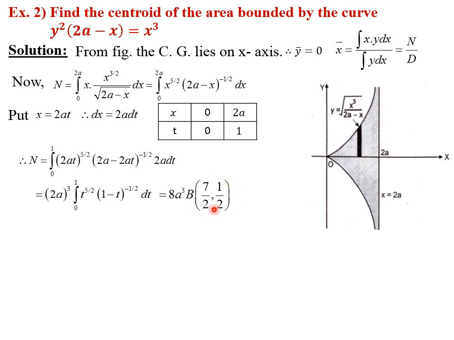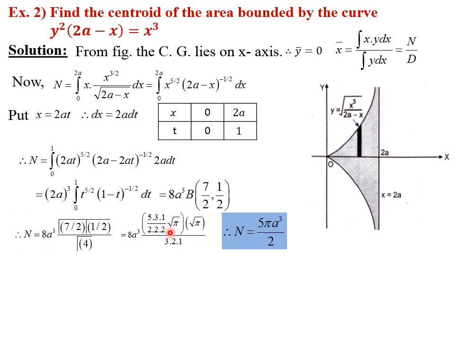Using the formula beta m n equal to gamma m into gamma n divided by gamma m plus n, we get 8a cube into gamma 7 by 2 into gamma 1 by 2 divided by gamma of 7 by 2 plus 1 by 2, that is 4. After simplification using the gamma function formula, at the end we get n equal to 5 pi a cube upon 2, which represents the numerator of this x bar.